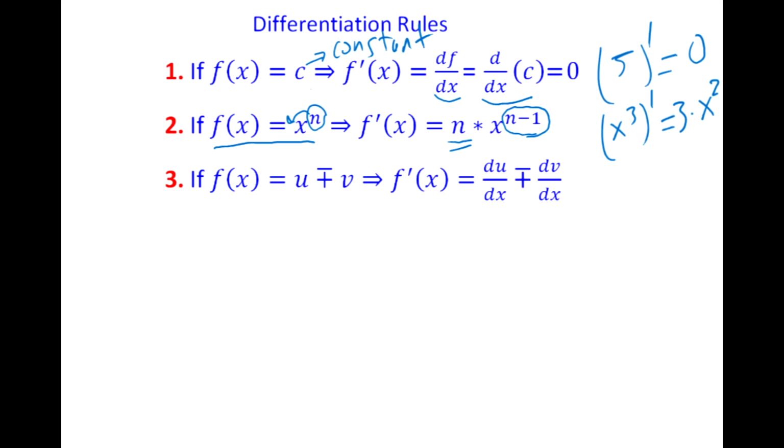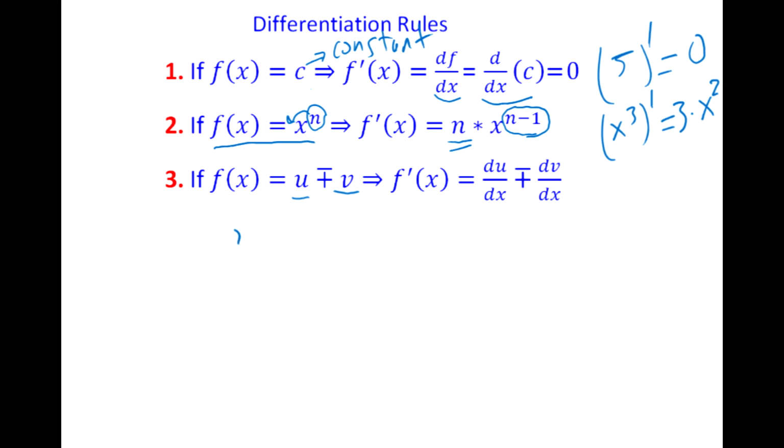And for the third case, if f of x is equal to u minus or plus v, in other words, these are two different functions depending on x, so those functions also have x value.